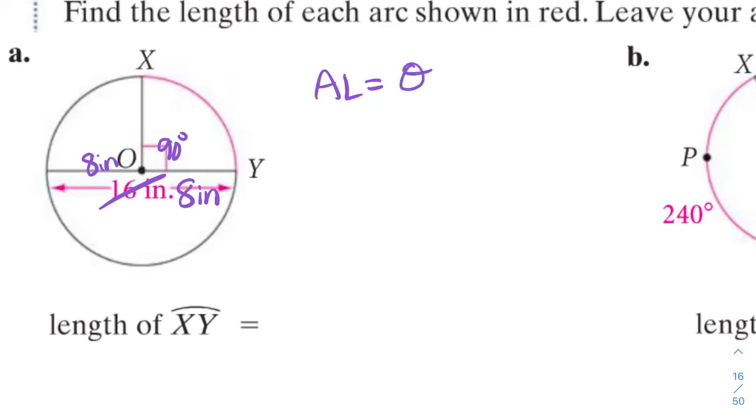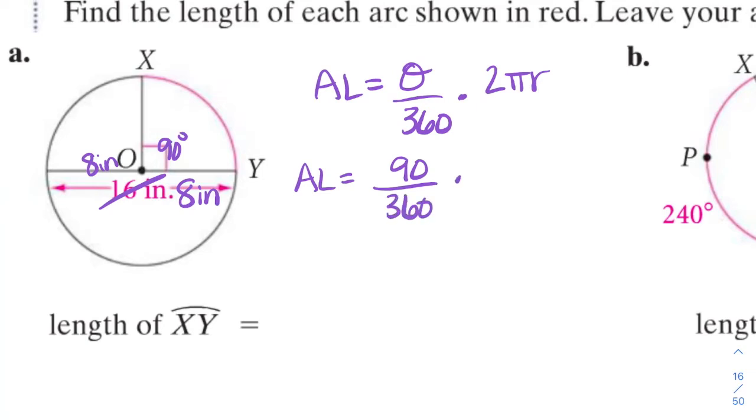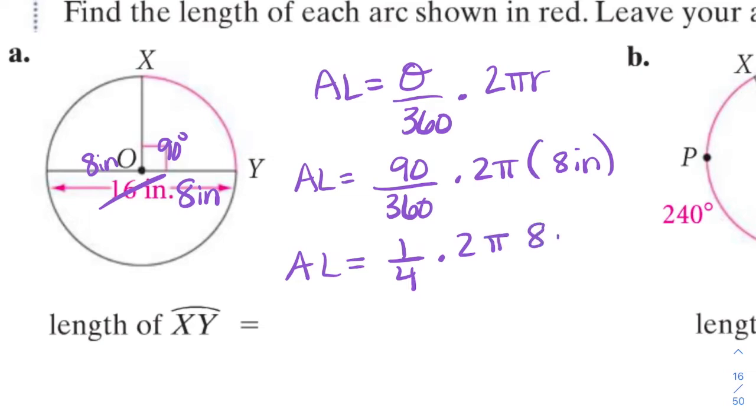So arc length is theta over 360 times 2 pi r. So arc length equals 90 over 360 times 2 pi 8 inches. Might as well simplify first. So 1/4 times 2 pi 8 inches.